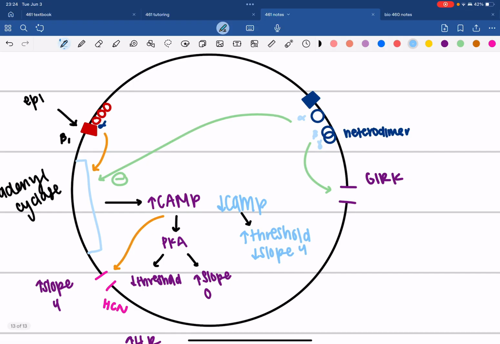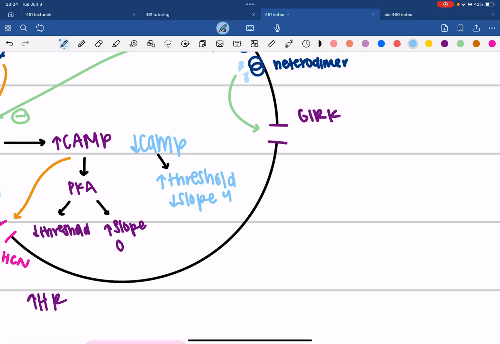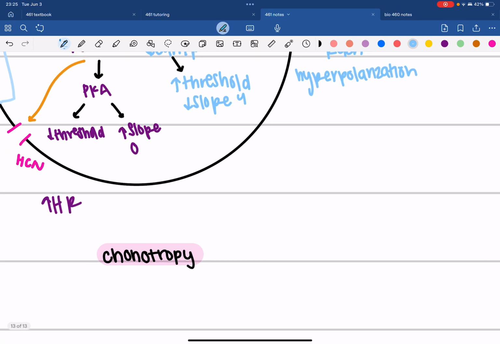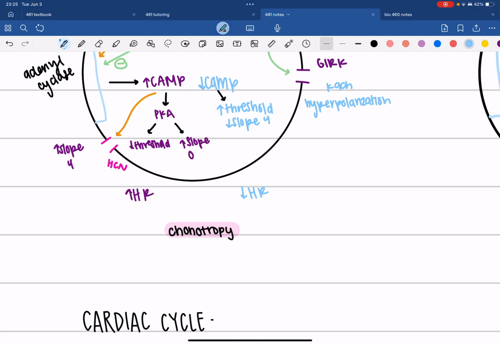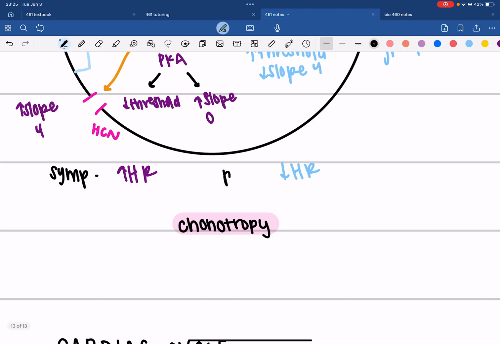It would also have these subunits, not alpha but beta and gamma, that would go and activate a GIRK channel, which is a potassium acetylcholine channel, and it's going to cause hyperpolarization. And all of those together are going to cause a decreased heart rate. So, this right here is sympathetic, and this is parasympathetic.